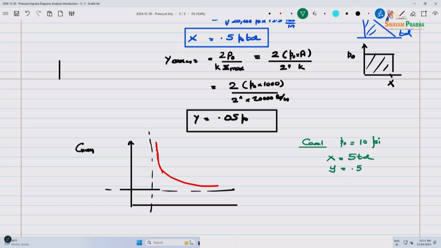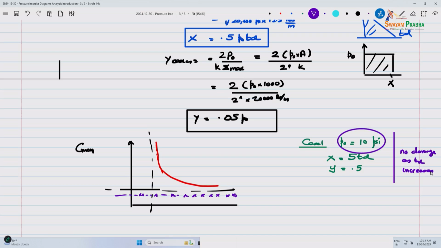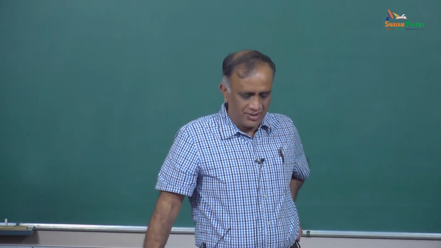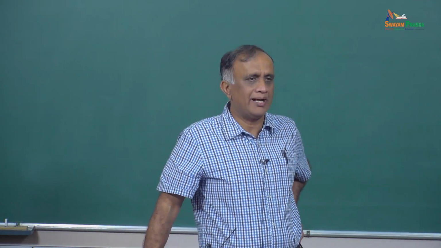So instantly you can see that for case 1, for any value you're only going to land here. Immediately you can see that there will be no damage as TD increases. So you can keep applying more and more pressure for a longer time, and you're really going to have no damage.